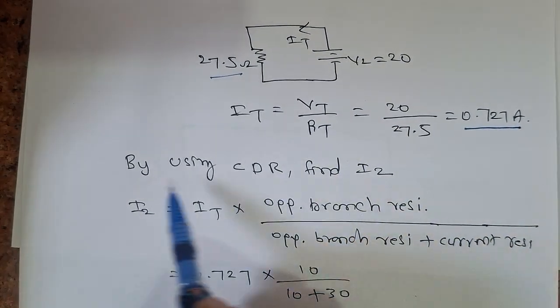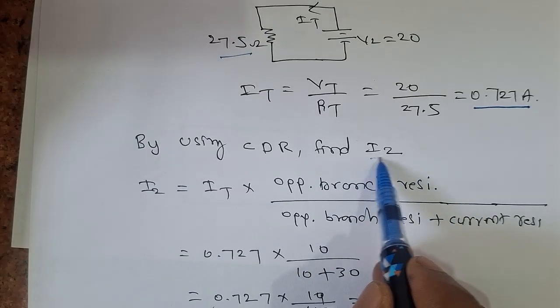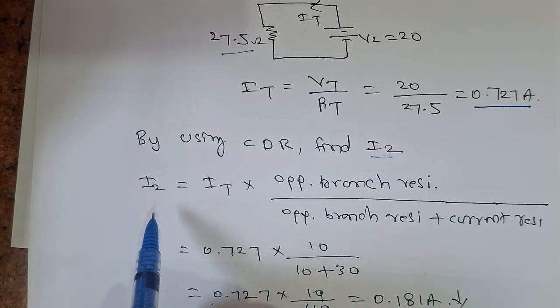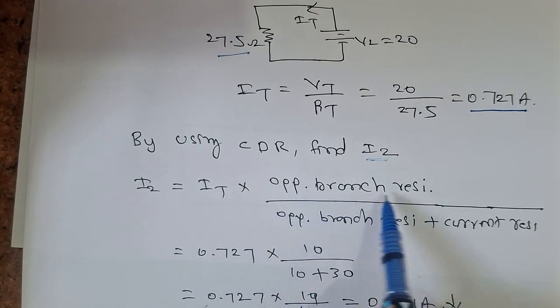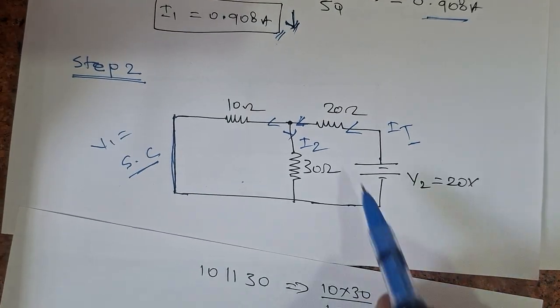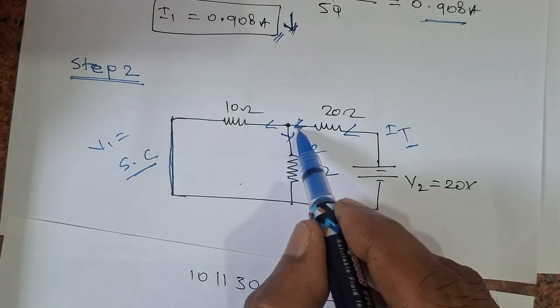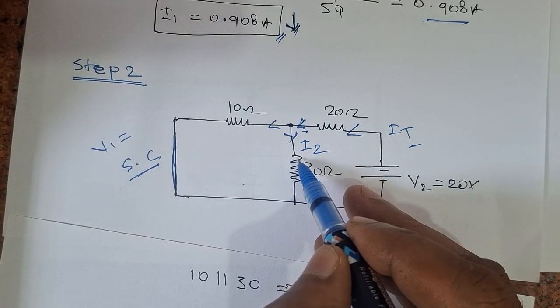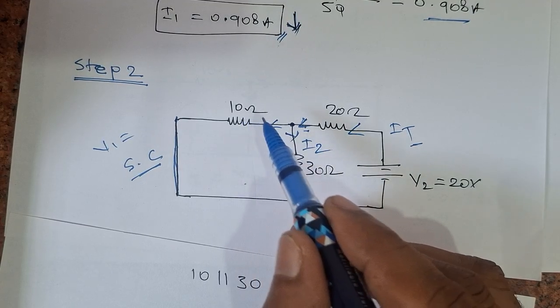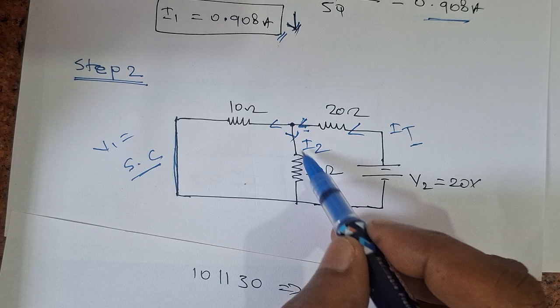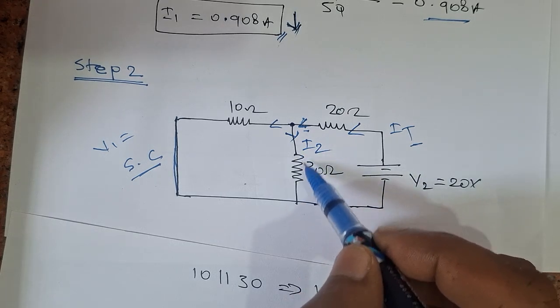Again, you have to use the current divide rule and find the I2, how much current is flowing. Therefore, I2 is equal to, what's the current divide rule? Total current into opposite branch resistance. So here, when current is coming, what is the opposite branch to this one? 10 is the opposite branch. So opposite branch resistance divided by opposite branch resistance plus current branch, nothing but this one.